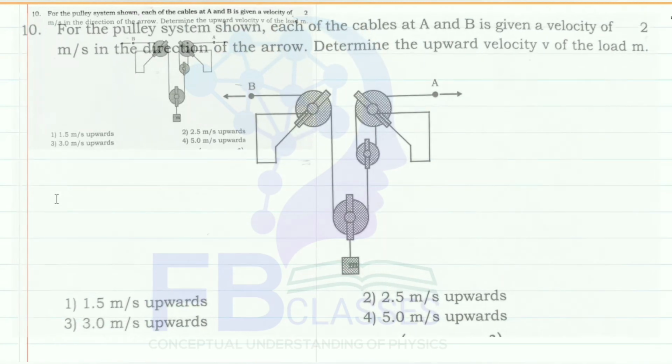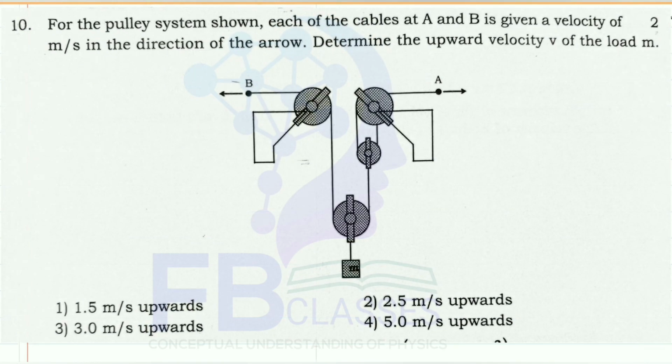My dear students, I am going to read the question. For the pulley system shown in the figure, each of the cables at A and B is given a velocity of 2 meter per second in the direction of the arrows. Determine the upward velocity V of the load M. Options are given: 1.5 meter per second upward, 2.5 meter per second upward, 3.0 meter per second upward, 5.0 meter per second upward.